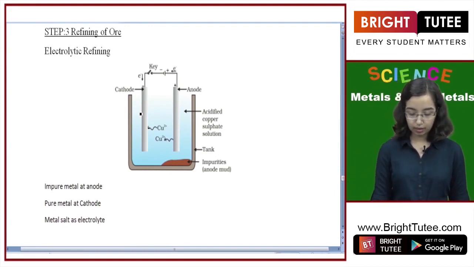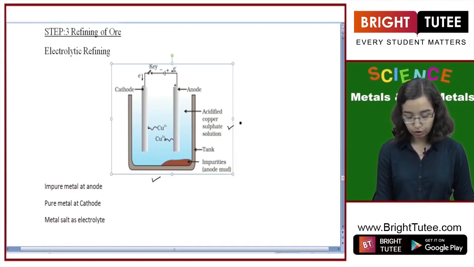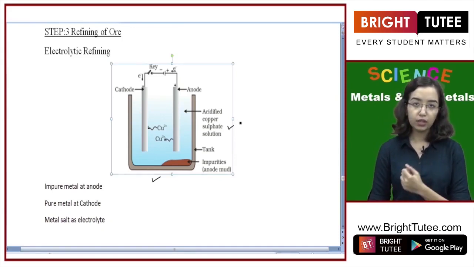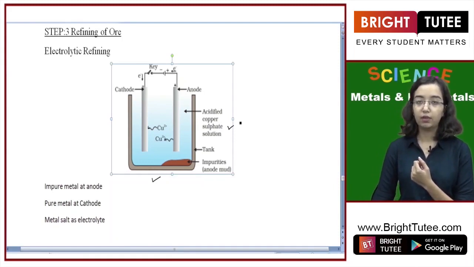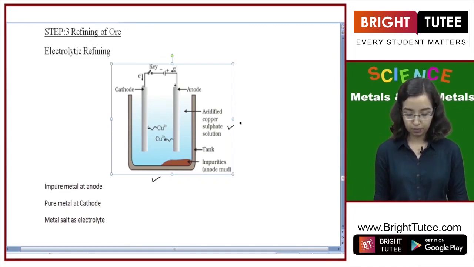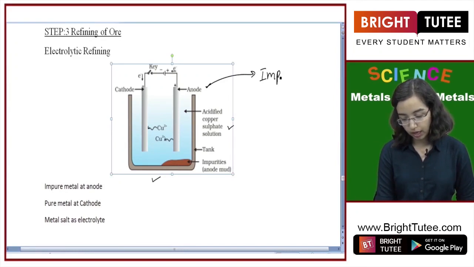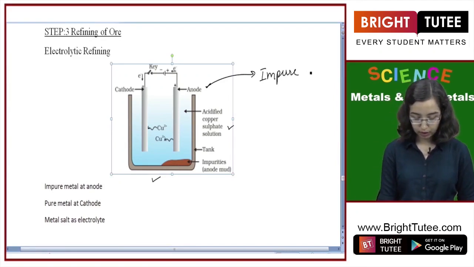So let's see the setup here. We have a tank. We have acidified solution of the same metal. So if I'm doing this for copper, the electrolyte will have copper in it. If I'm doing this for magnesium, the electrolyte will be a salt of magnesium. At the anode, we use the impure metal, the one that we have just retrieved from purification.